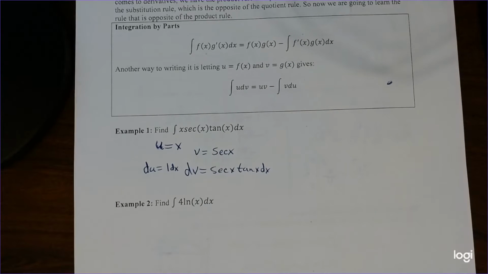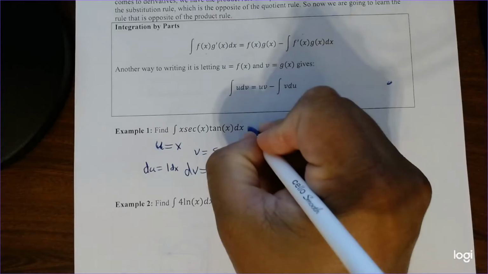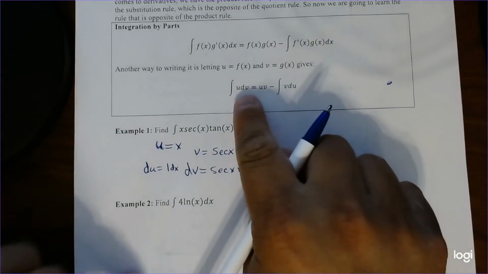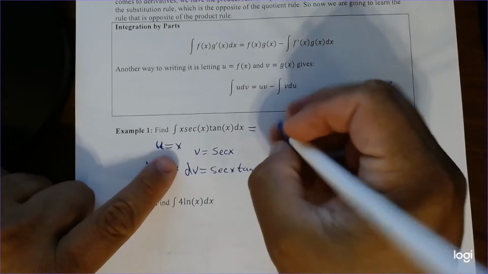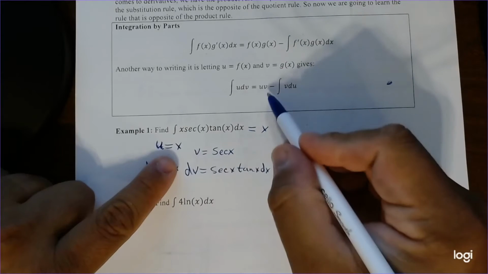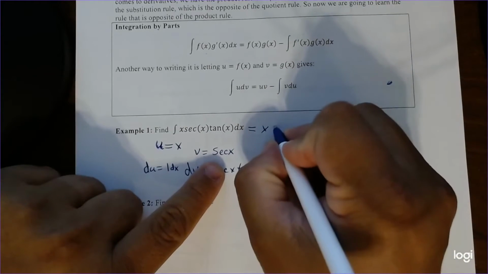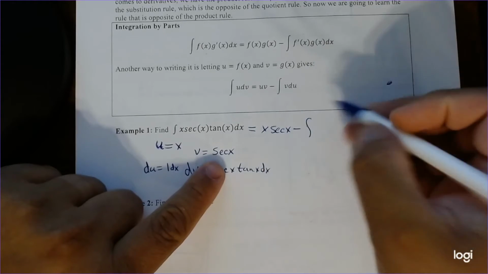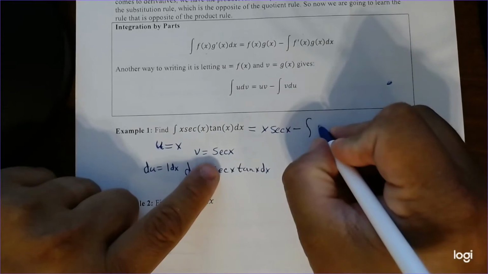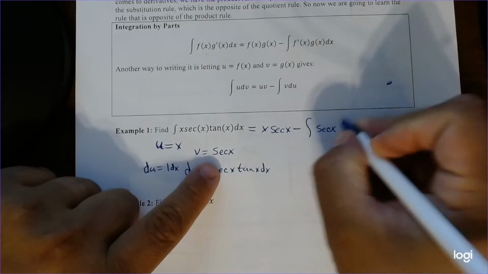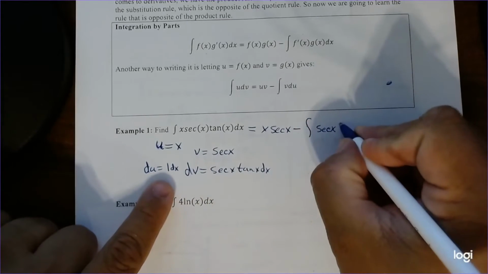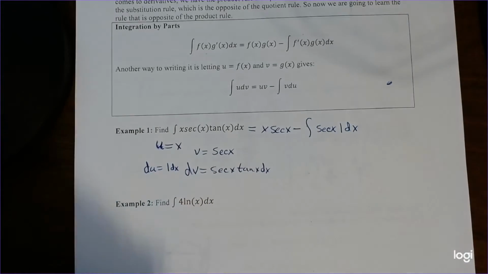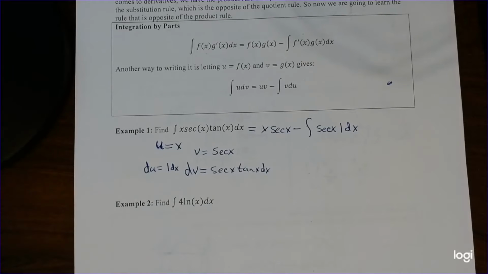All right, now that we have this, we're going to write down what it is. Following this template, it's going to be u, so x, times v, which is secant, minus the integral of v, which is secant again, times du, which is just 1 dx. And now notice it's actually not that bad anymore.